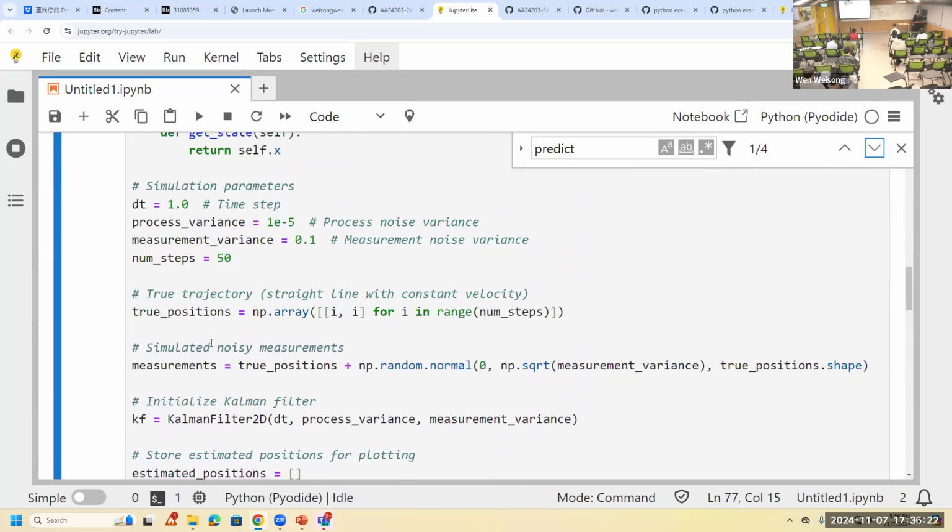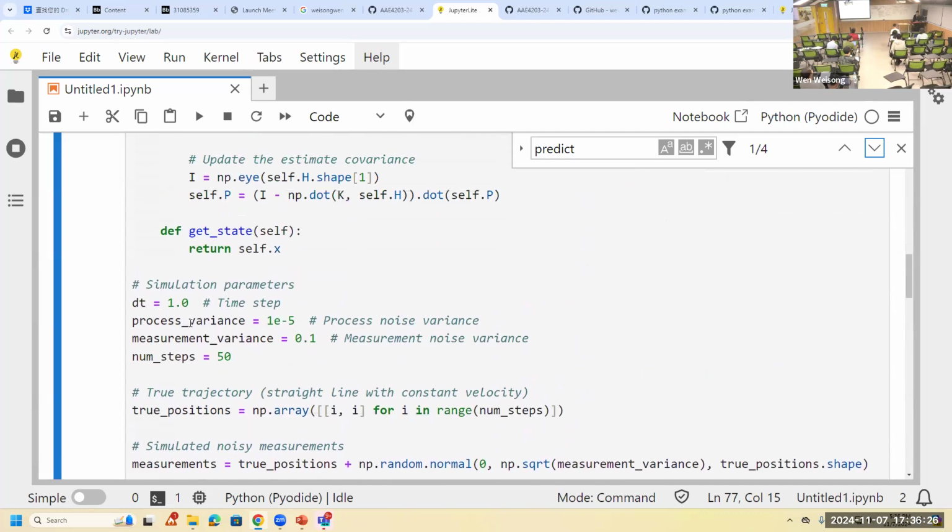Please try several things. First, please try to tune the process covariance and see the differences. You have 10 minutes. If you didn't bring your laptop, feel free to come here to try.